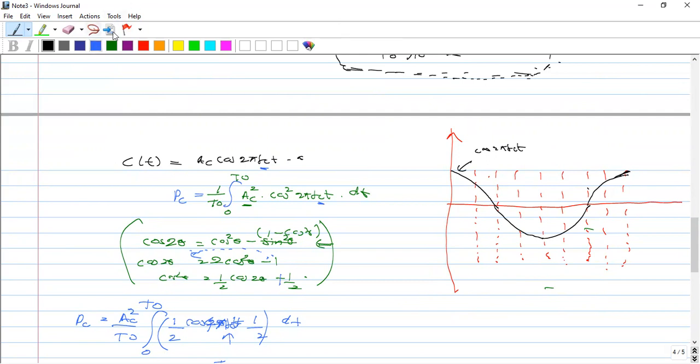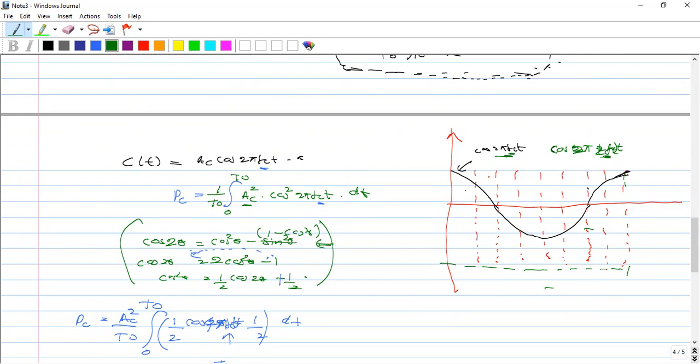Now we want to draw cos 4π fc t. That means here fc t, here 2 fc t. That means the frequency is double. This is one cycle for the cos 2π fc t signal, and for the cos 4π fc t signal there should be two cycles because the frequency is doubled.